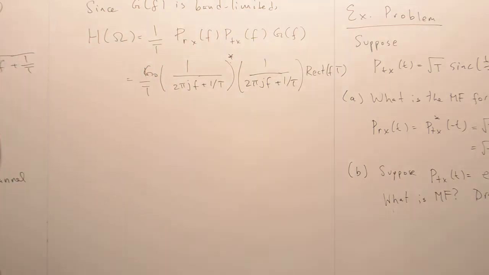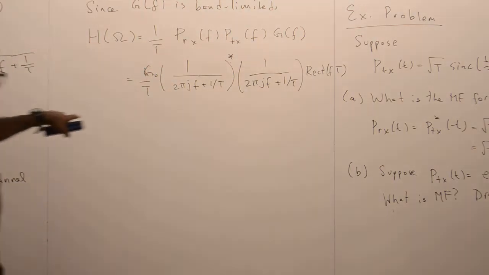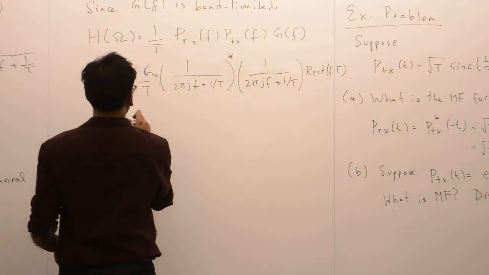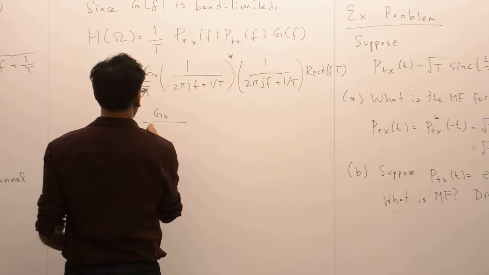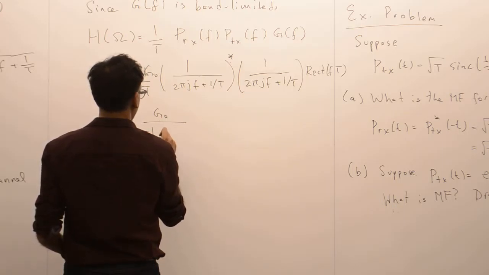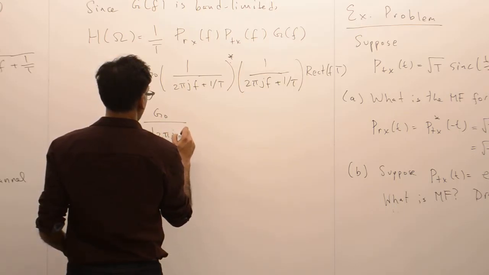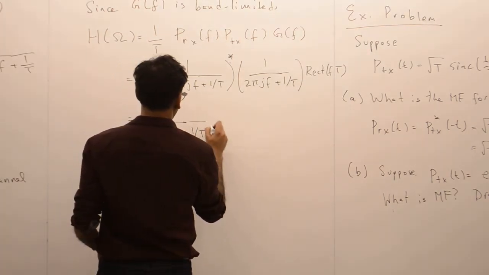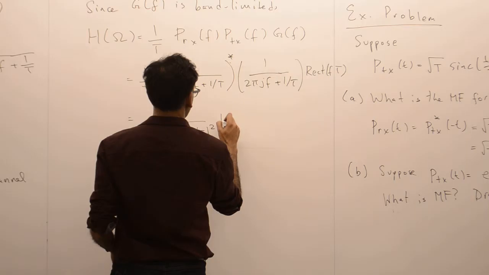Okay, so I just substitute every one of these equations in here. So this is just this times this star, so that's this magnitude. So that's G naught over 2 pi, and that is one over t squared.